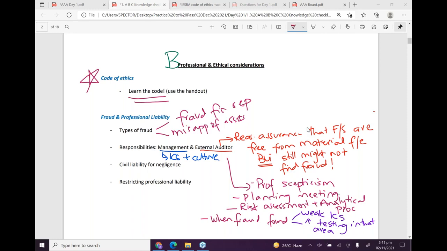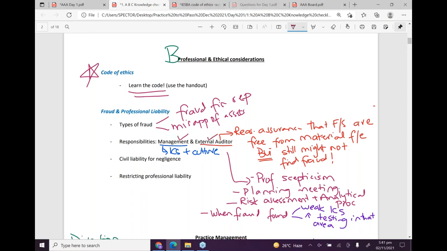Whenever you pick up that fraud has happened at the audit client, once again, you start off with explaining the responsibilities of the management and external auditor. It's the management's responsibility to have a strong system of internal control and a culture of honesty.